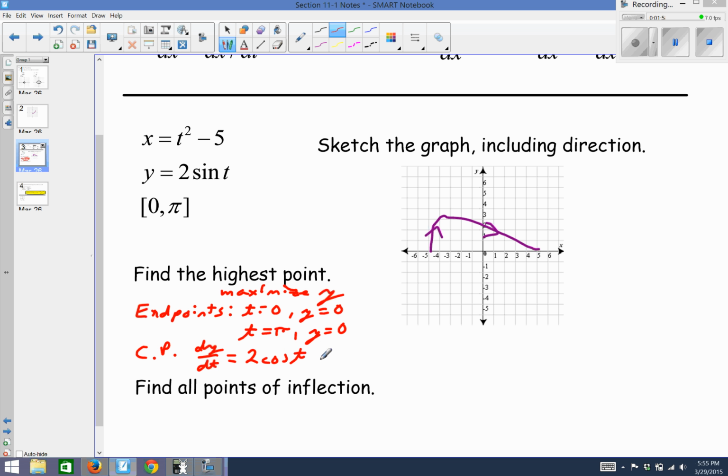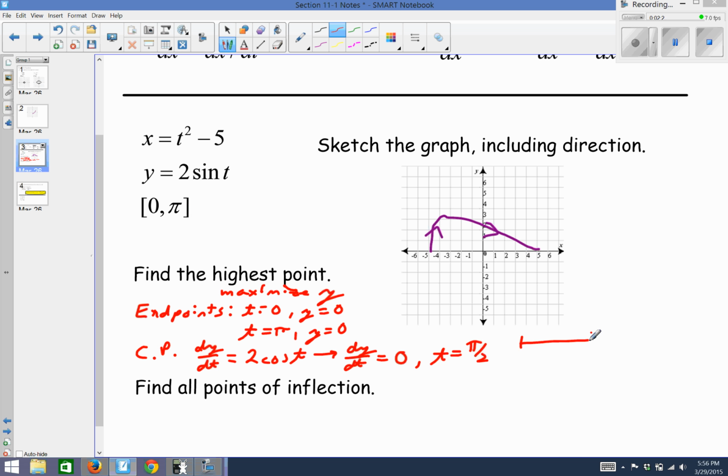That is never undefined. However, dy dt would equal 0 when t equals pi over 2, which is the only value between 0 and pi that would happen at.